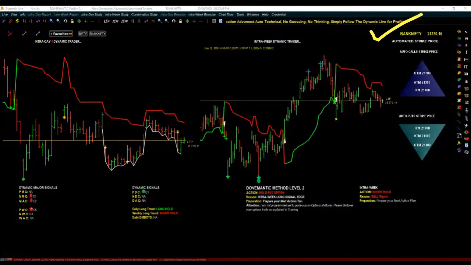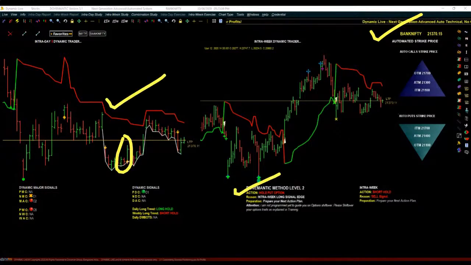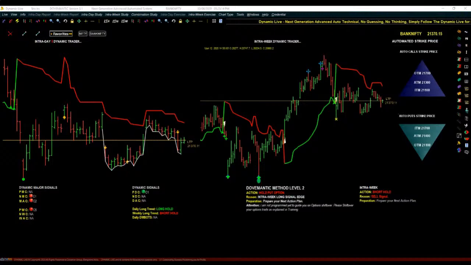The only thing that we are going to check in Nifty is, whenever the Bank Nifty Dynamic method said buy call option, since the trade is against the trend, we go check what is happening in Nifty. And in Nifty at the same time, if there is any zigzag caution on top, or if the price touches any long signal edge point, then we will avoid the trade in Bank Nifty.